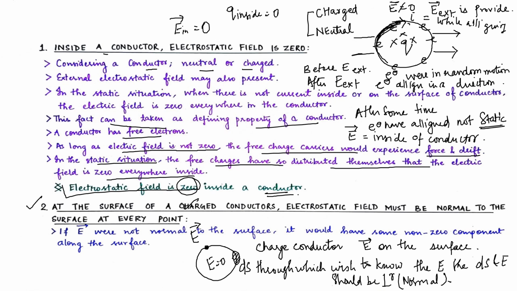So this E should make an angle of 90 degrees, should be normal to the surface. This is the surface and this is our electric field. Why so? We will read it.